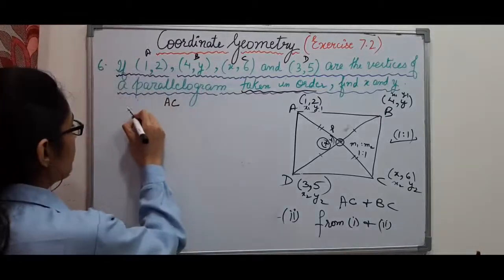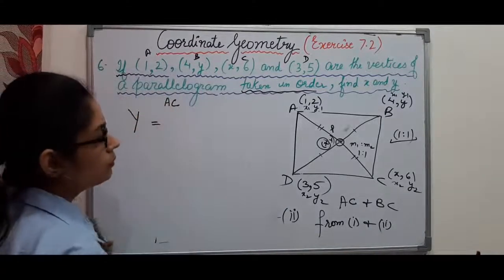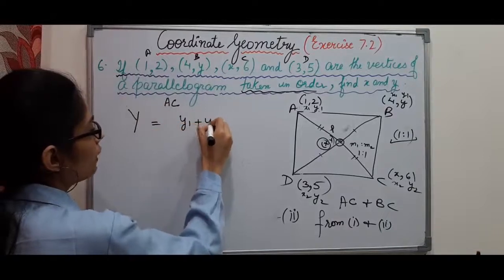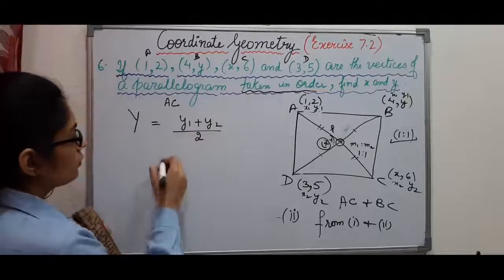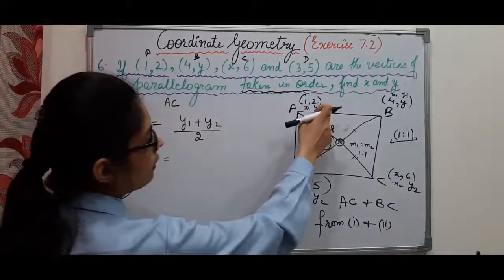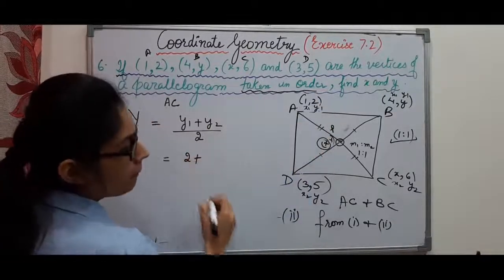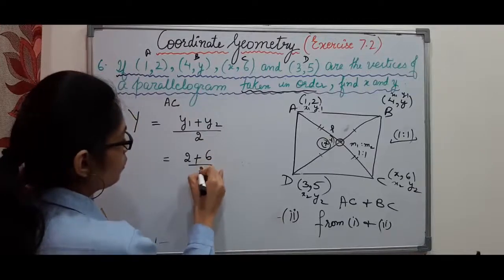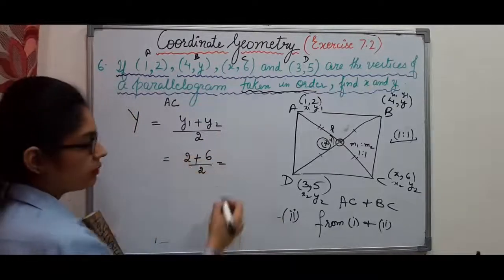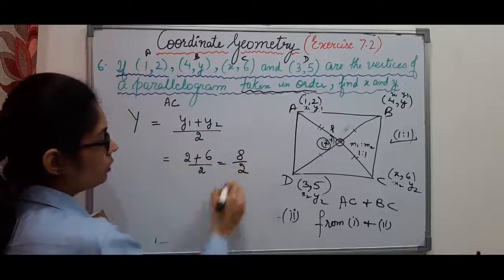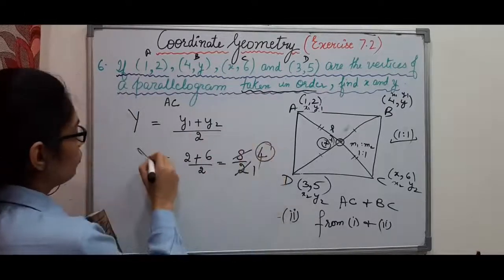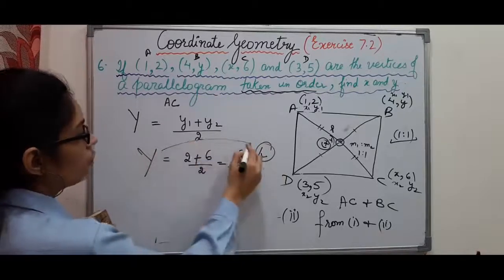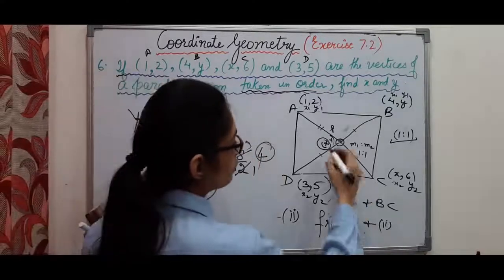So AC capital Y will be equal to (y1 + y2)/2. So y1, y2 values we can write: it is (2 + 6)/2, which is 8/2, 2 into 4 is 8. So we got the value of capital Y equal to 4.